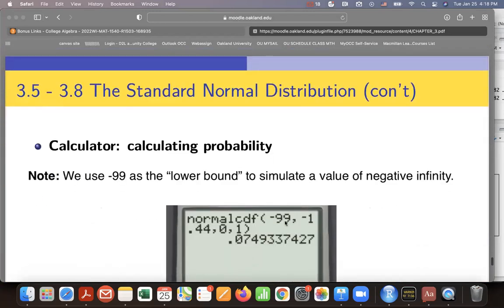Now for the lower bound, put -99. Everybody put -99. You can put -10 if you want, any number really, as long as it's smaller than -10. But let's go ahead and put -99, then comma, and put in your z-score.